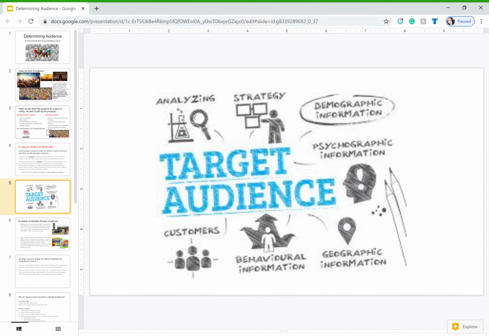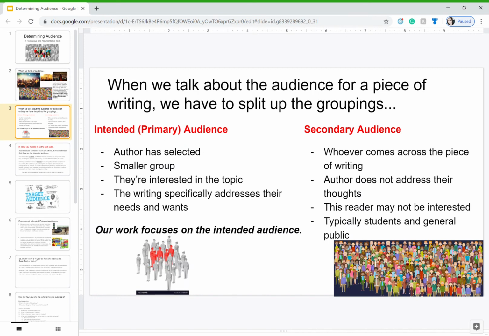Okay? You are intended to be there. If you're a secondary audience member, say you, as the intended audience member, decide to take your best friend with you, even though you know they hate that music and they don't like that band. They decide to go with you because they want to be a real best friend for you.